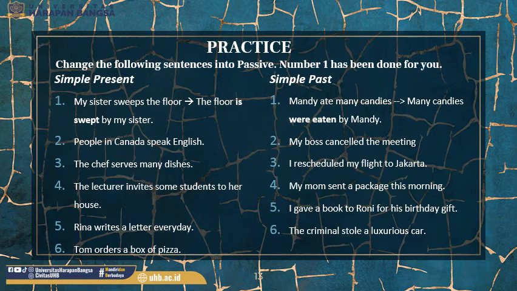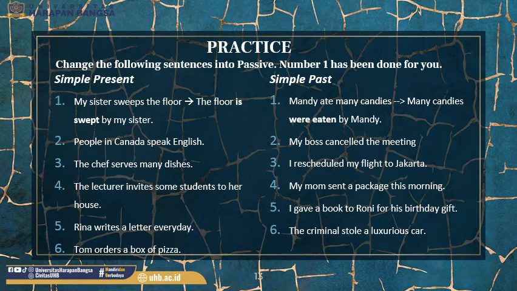Untuk simple present, my sister sweeps the floor. Ada subjek my sister, kemudian predikat sweeps, kemudian objek the floor. Untuk kalimat pasifnya kita ubah, kita switch. Kita ubah posisi subjek dan objeknya. Jadi subjeknya menjadi the floor.